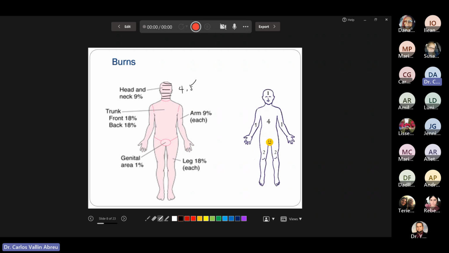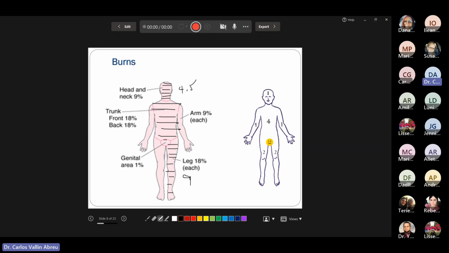If, for example, you have burns only on the anterior part of one leg, give only 1 nine. Don't give the 2 nines because the posterior part is spared. The same for the trunk. The anterior is going to be 18, I mean 2 nines, and 2 nines for the back, etc.